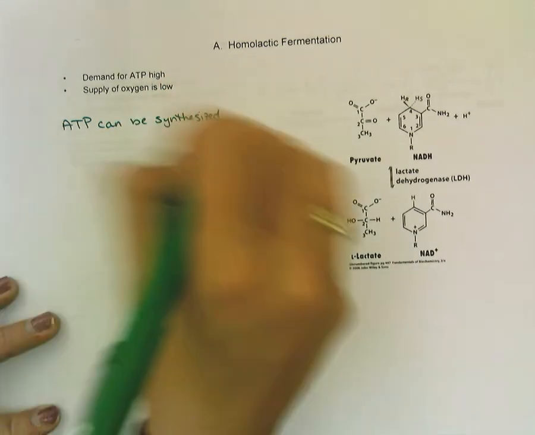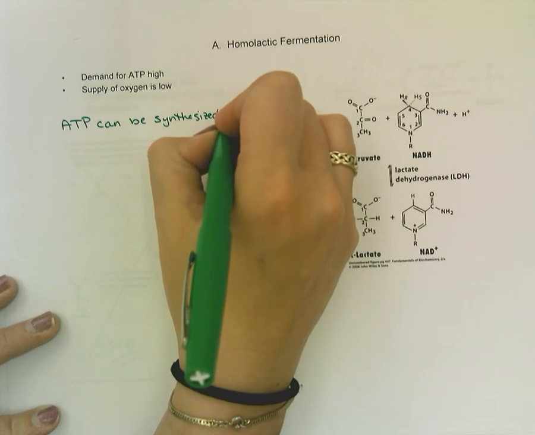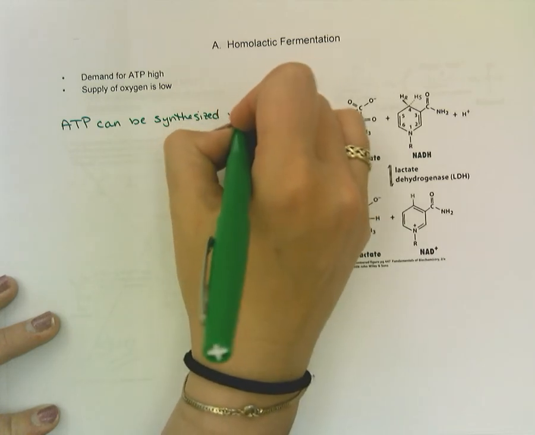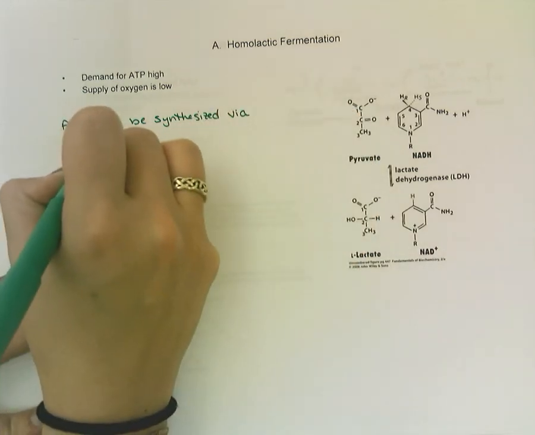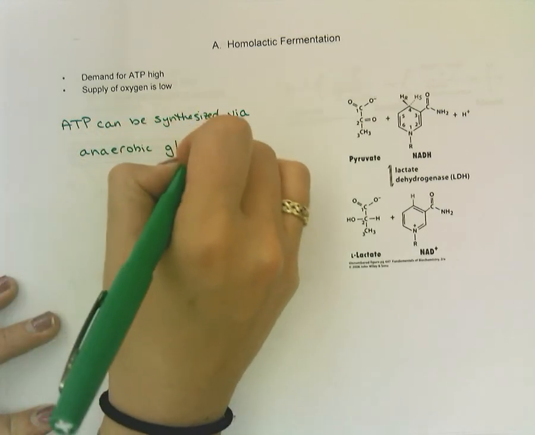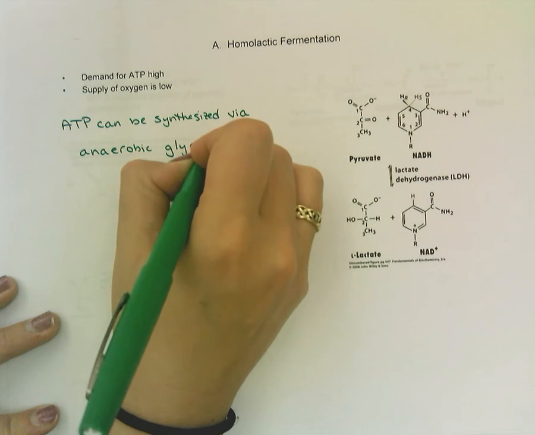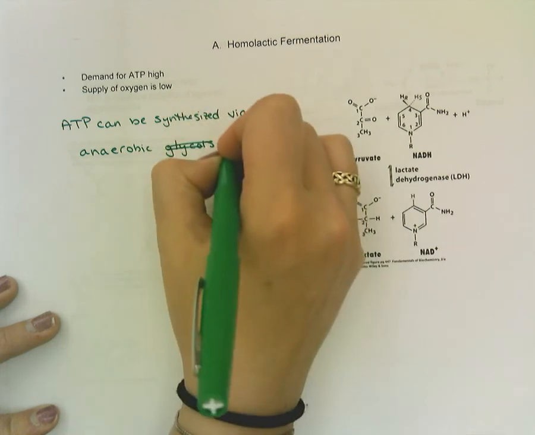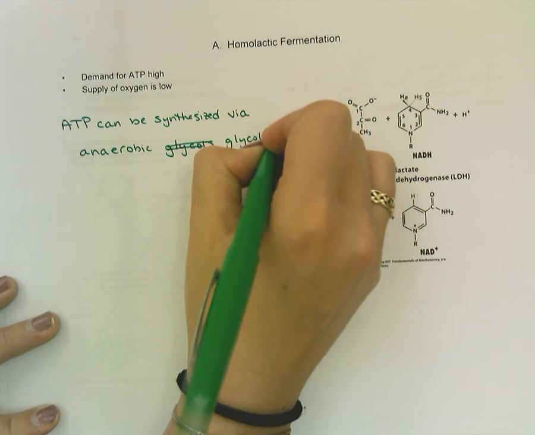We can generate ATP by what's called anaerobic glycolysis. That's not spelled right. There we go.